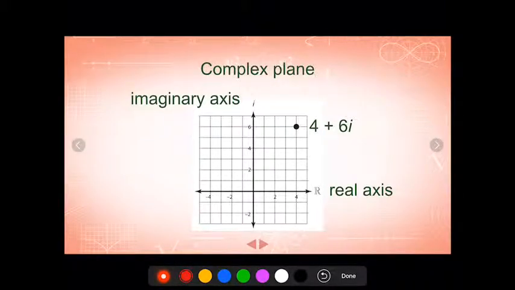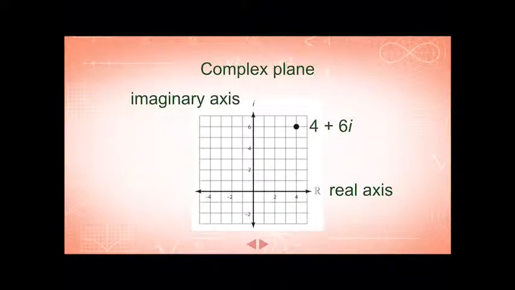Some students like to think of this as the x and this as the y, because here x is 4 and here y is 6, and you plot that point, which is the black dot. So it's basically the same thing. Think of it as an x and y chart, a Cartesian plane. That may help you understand how it works.